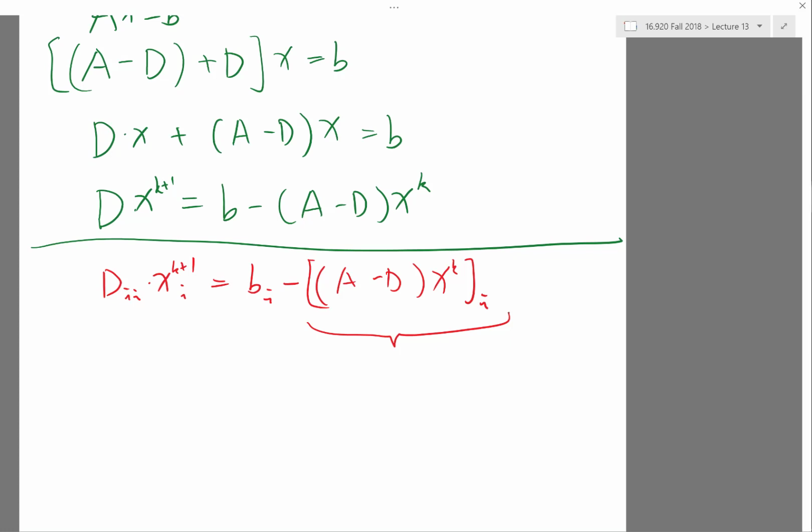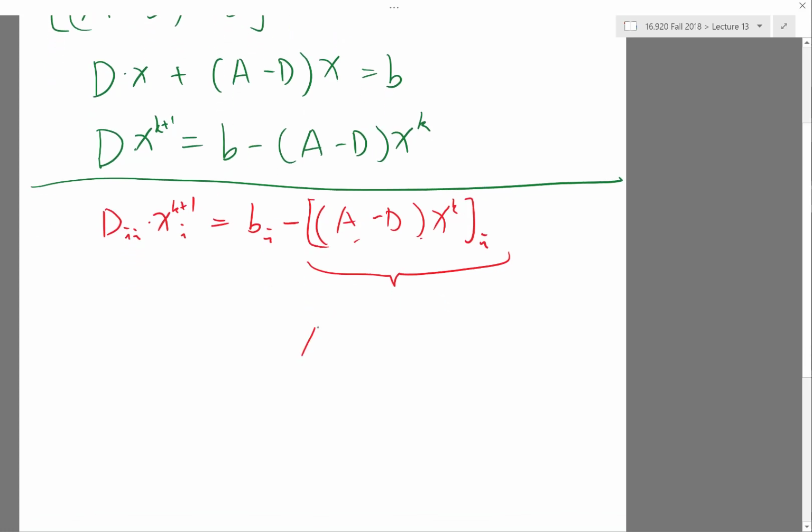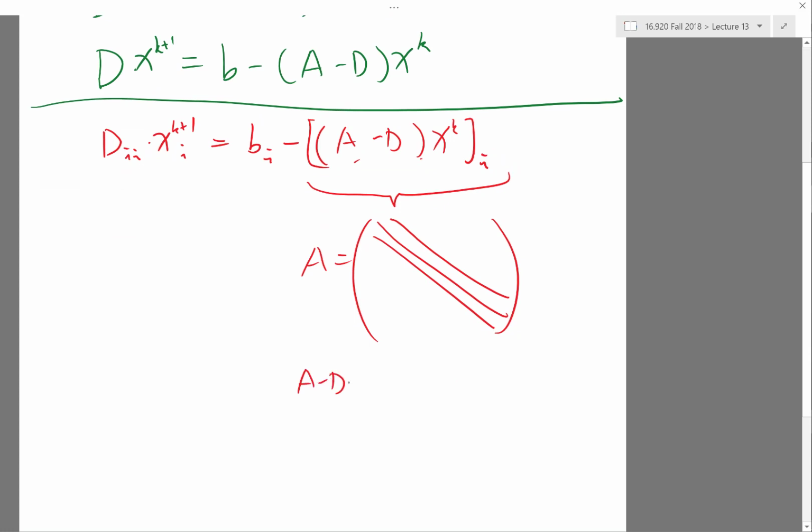So what is (A minus D) times x^k? If A has this tridiagonal structure, with 3 diagonals, well, A minus D is just taking away the diagonal. Instead of having a diagonal of whatever it is, it's just replacing the diagonal with 0.